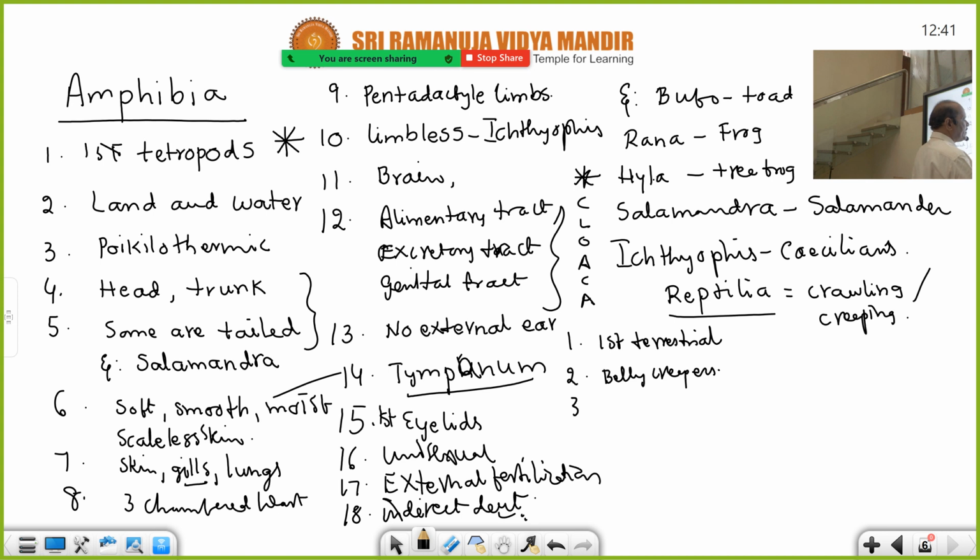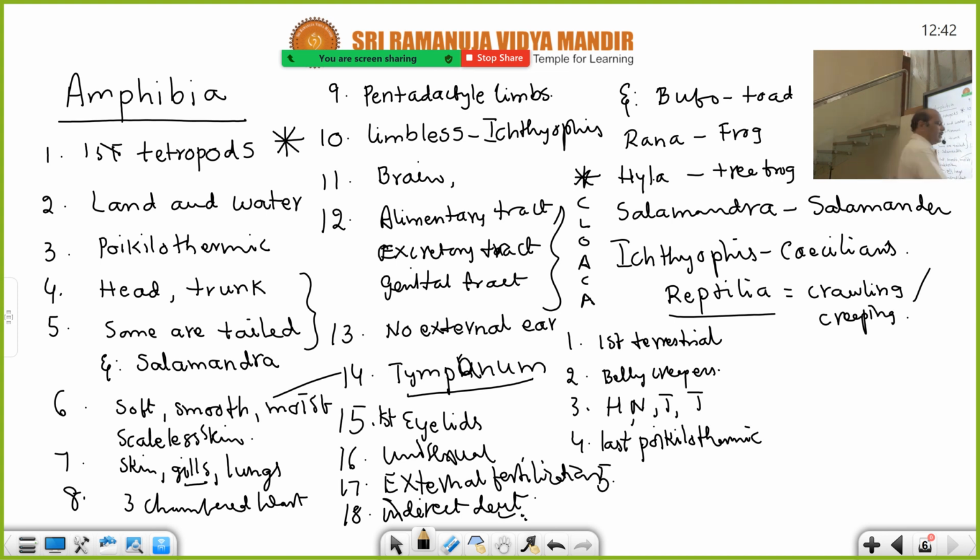And body is first time divided into head, neck, trunk, tail. All the four divisions are seen in the reptiles. Last poikilothermic, last cold-blooded vertebrates are poikilothermic vertebrates.